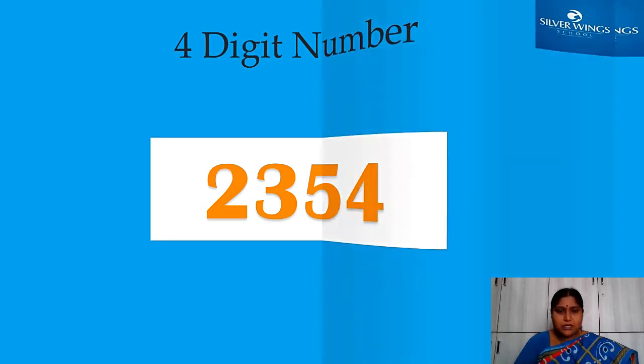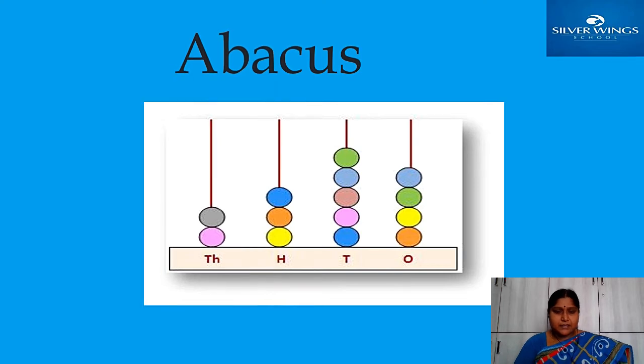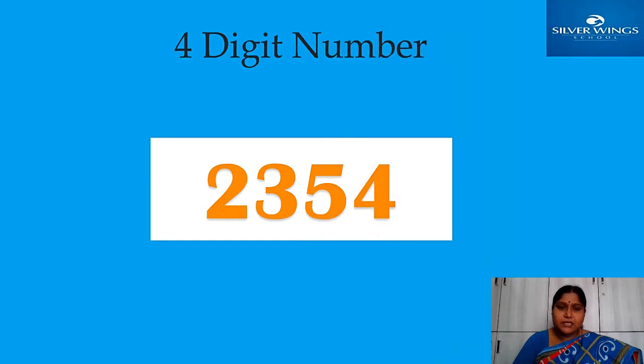Now see here, abacus. In 3rd class you prepared a 3-digit abacus. Here see, 2, 3, 5, 4. 2 is in 1000's place, 3 is in 100's place, 5 is in 10's place, and 4 is in 1's place.